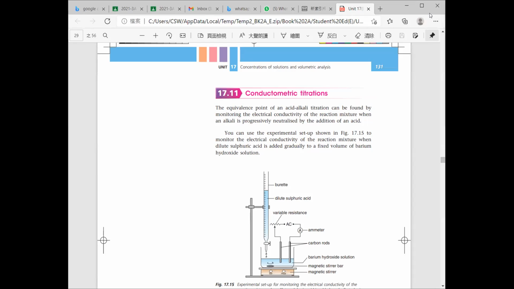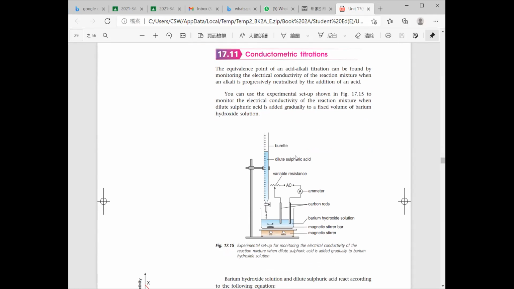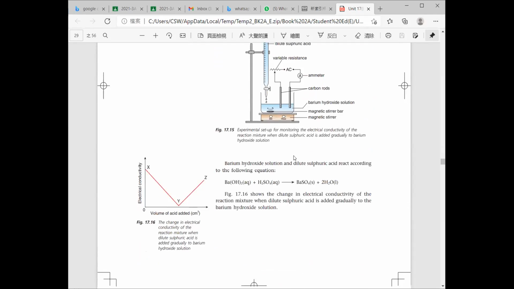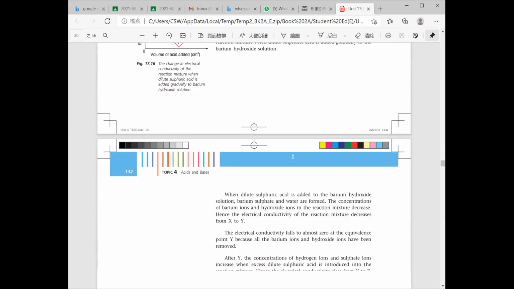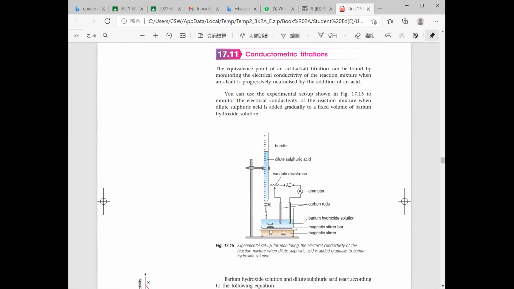Besides using the acid-base indicator to monitor the titration, you may think of using a pH meter to monitor the change in the pH of the solution, and also you may have conductometric titration. This is on page 131, and to start with, you may read those 2 pages first of all. I'll give you about 2 minutes to read this before we continue.